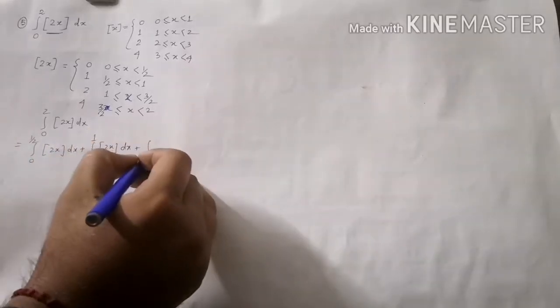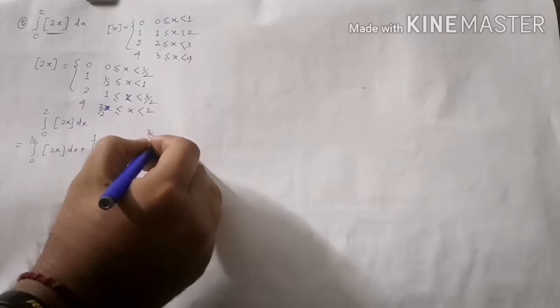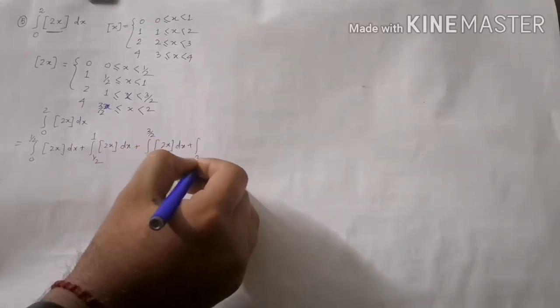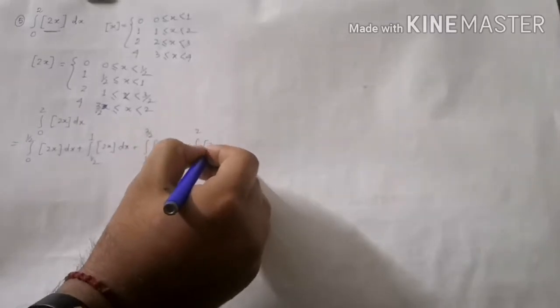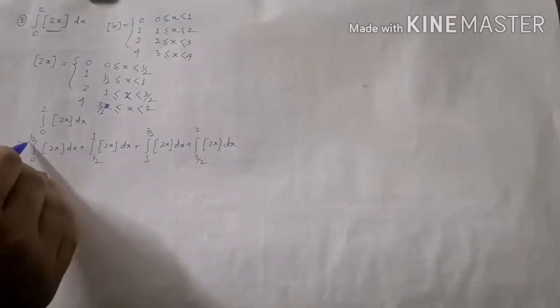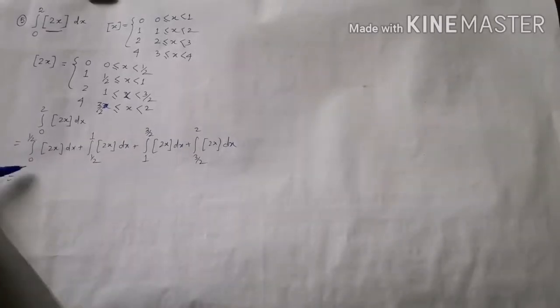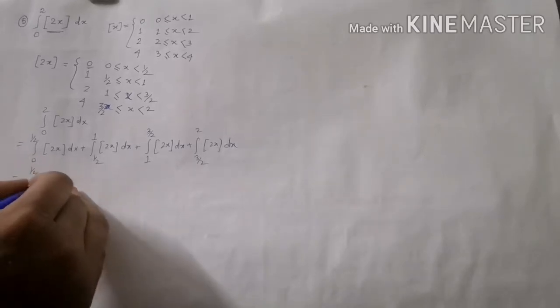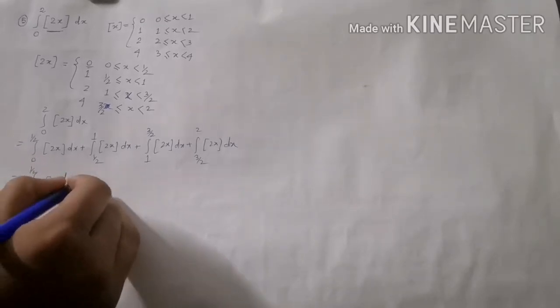Next integration 1 to 3 by 2 [2x] dx, and integration 3 by 2 to 2 [2x] dx. Now I should put the value. So from 0 to half, the value of [2x] is 0. So we can put it from 0 to half, 0 into dx.